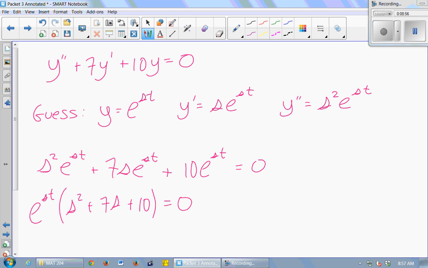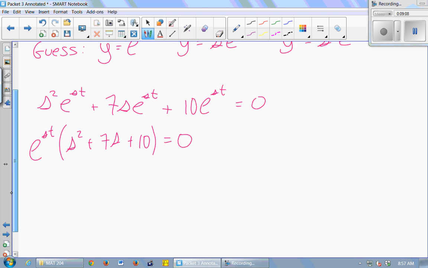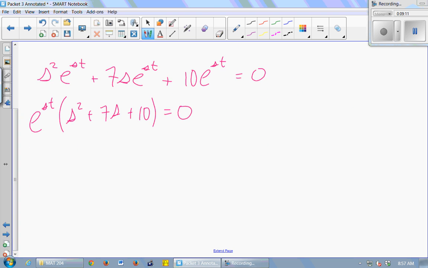Does that polynomial, that quadratic, look familiar? It's the same one we solved when we were finding eigenvalues, right? So that is actually the characteristic polynomial for the equation. So we already know s is going to be -5 and -2.